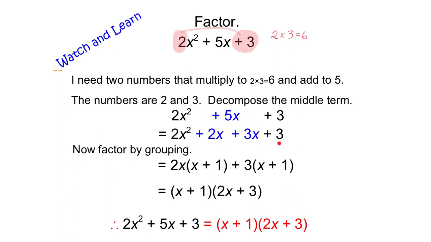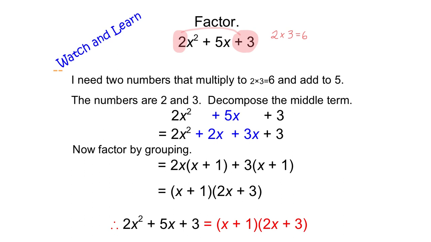If I look at 3x plus 3, the greatest common factor is 3, and the other factor is x plus 1, because 3 times x is 3x, and 3 times 1 is 3. Now I look at this, the greatest common factor is x plus 1, and I'm left with 2x plus 3. So the factored form is x plus 1 times 2x plus 3.